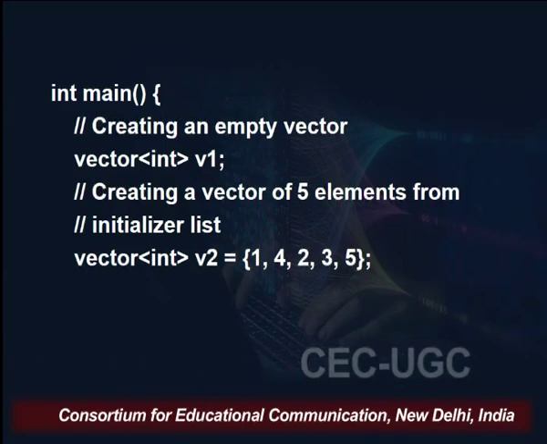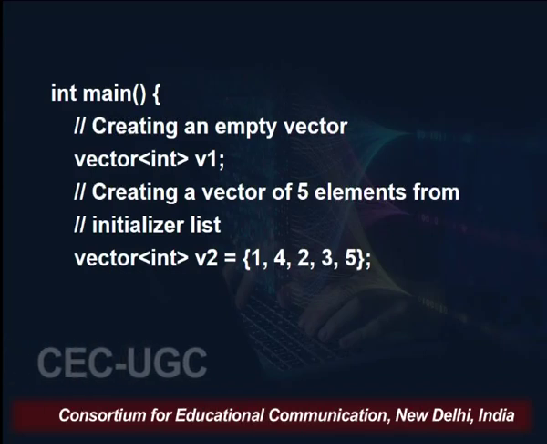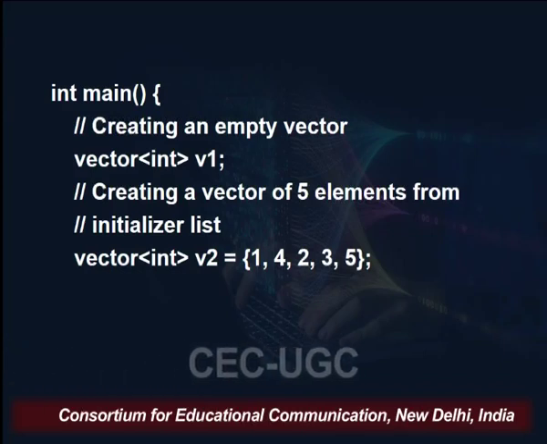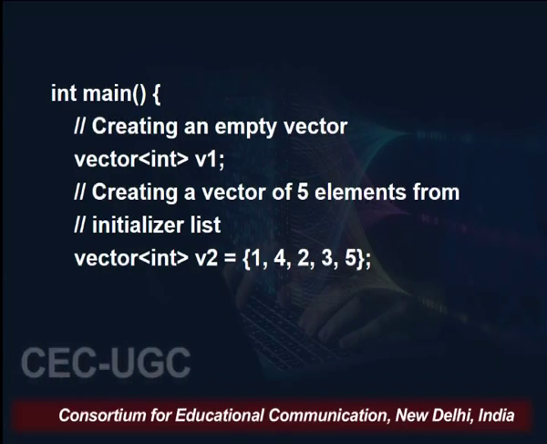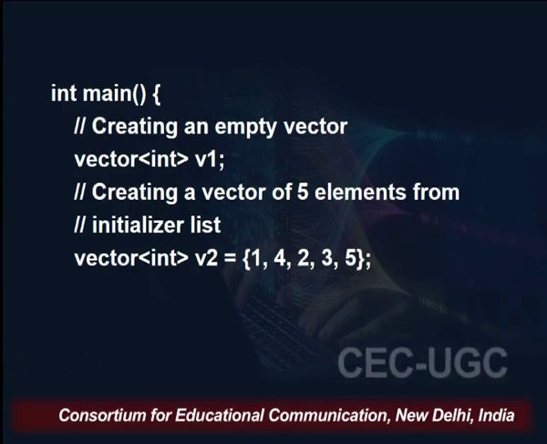So vector, and within the brackets the data type, we are going to create a vector of integer data type, and the name of the vector is v1. Now in this v1 we will be giving a list, and then we will see how it is going to work.